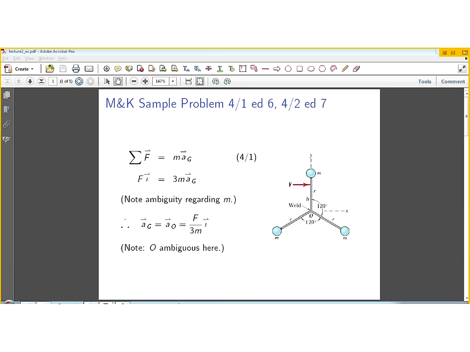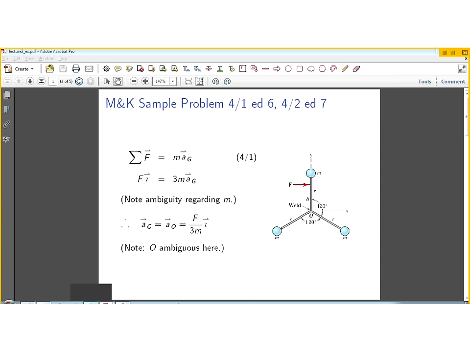Now let's look at this. In the new book, in edition 7, a new sample problem has been inserted as sample problem 4.1, and it's a very nice example. I'd like you to, on your own, for self-study, work through just the first part of this, the first 3 lines of the solution of sample problem 4.1.